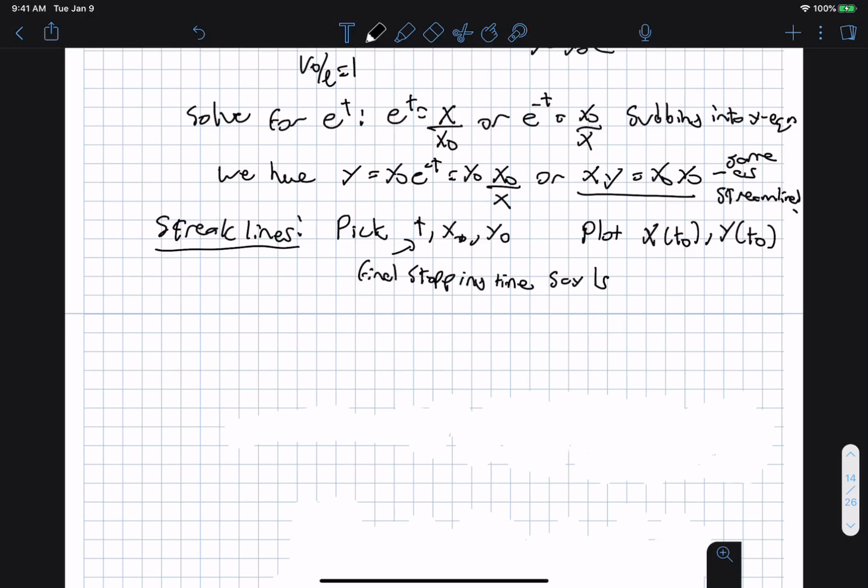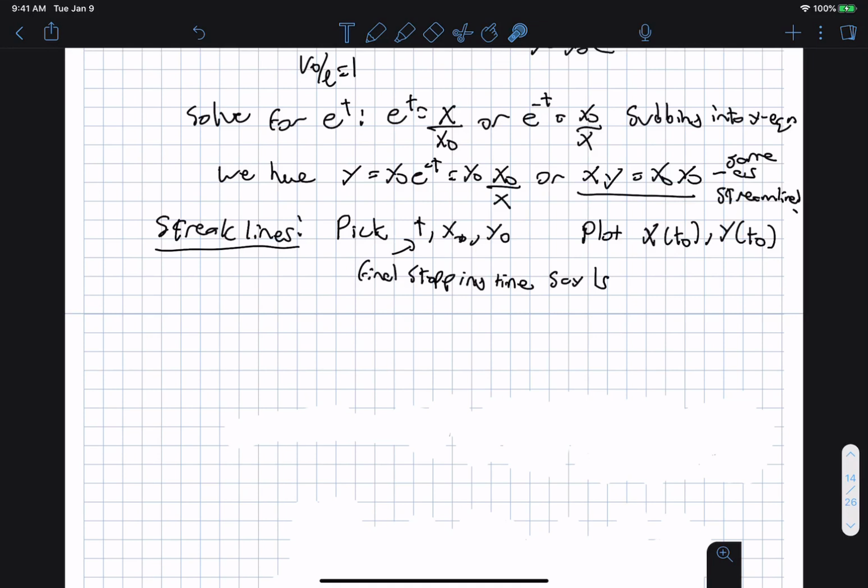So basically for the path line, we were plotting x as a function of time, and for the streak line, we were plotting x and y as a function of their release time.